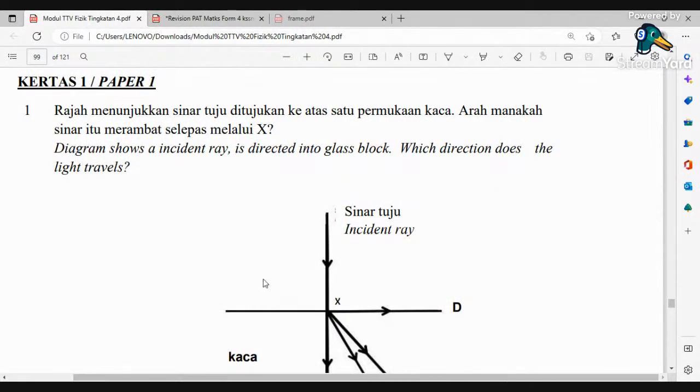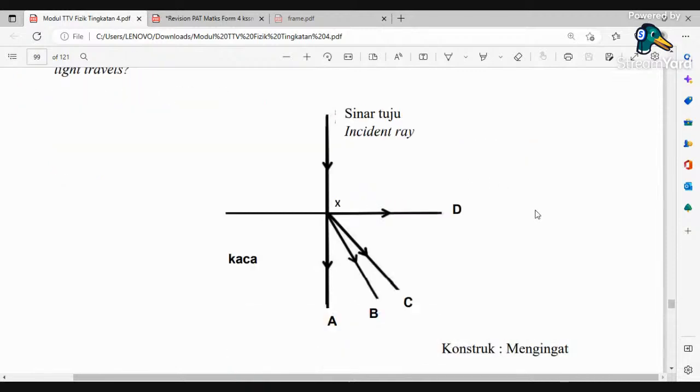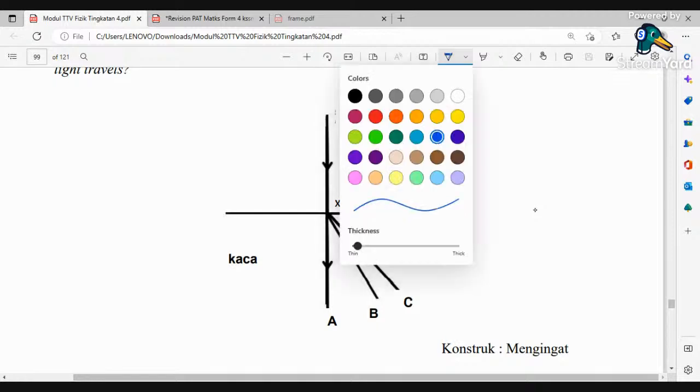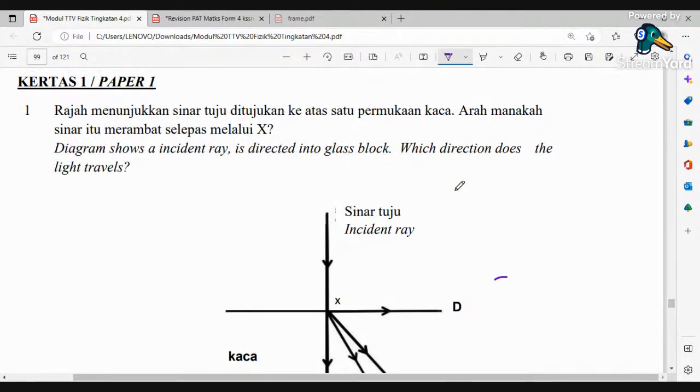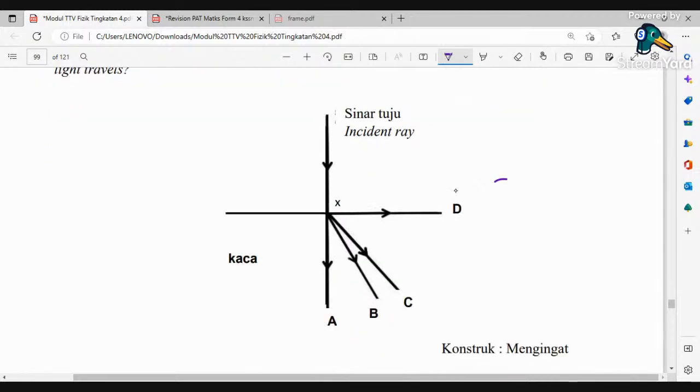Okay, number 1. Diagram shows an incident ray is directed into glass block. Which direction does the light travel? Okay, nampak? This should be, okay, travel from air lah.